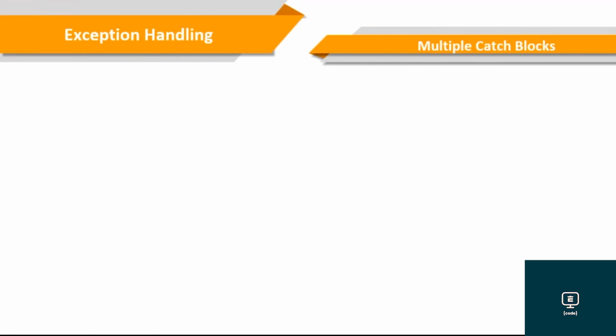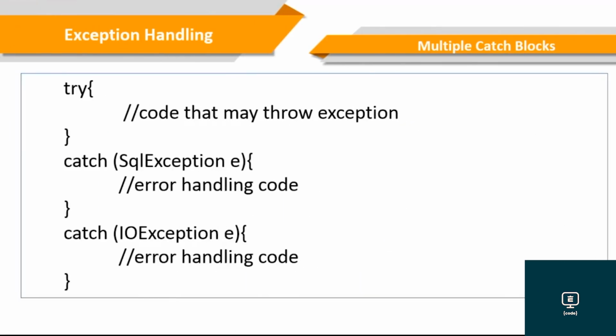Multiple catch blocks. So we use multiple catch blocks after a try block. A try block may be followed by any number of catch blocks. Each catch block handles a particular type of exception. Now, before Java 7, we used to catch multiple exceptions one by one, as shown in this slide.